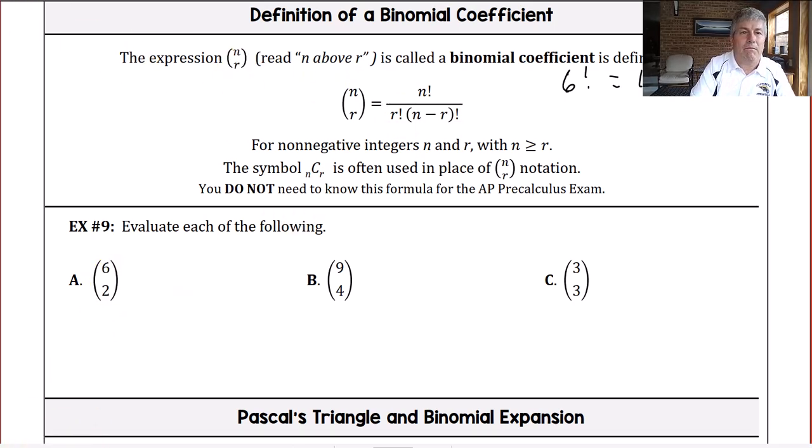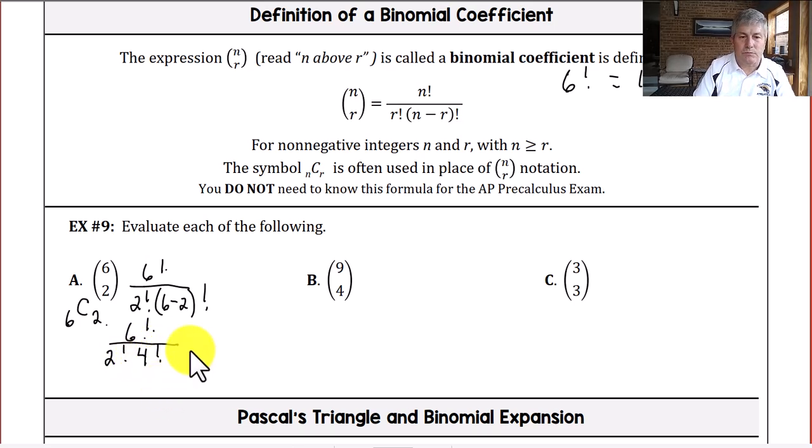6 over 2, or you could see this as the combination of 6 choose 2, or n over r. So our n is 6, so we have 6 factorial all over 2 factorial times 6 minus 2 factorial. So 6 factorial over 2 factorial times 4 factorial.